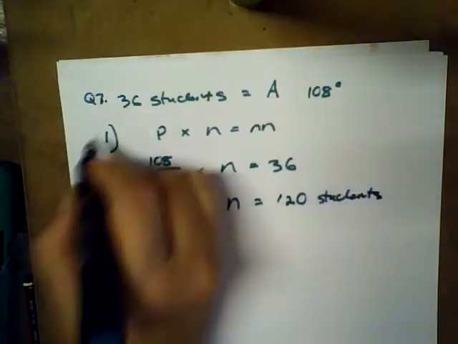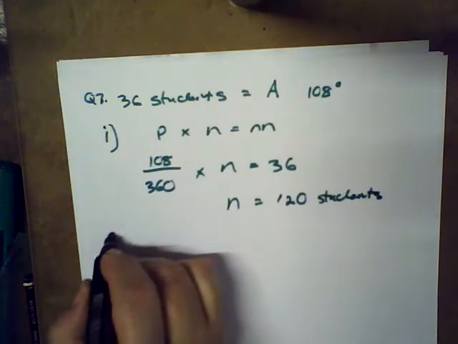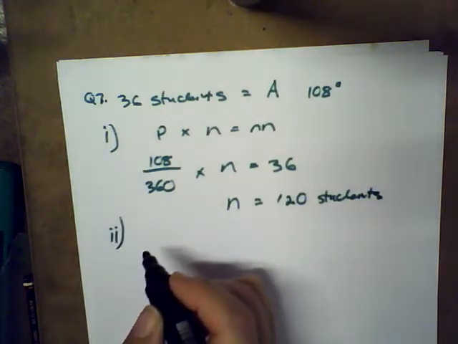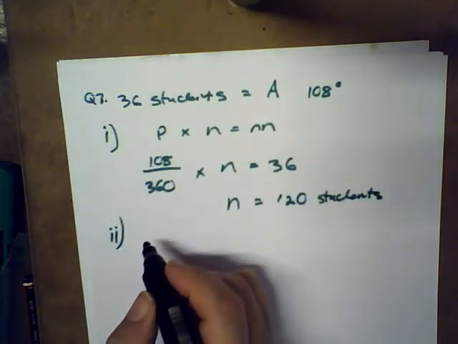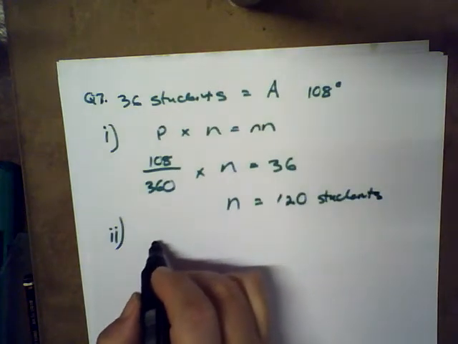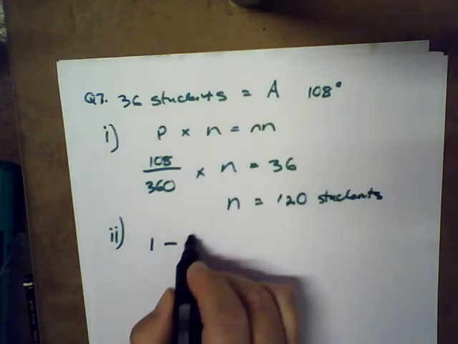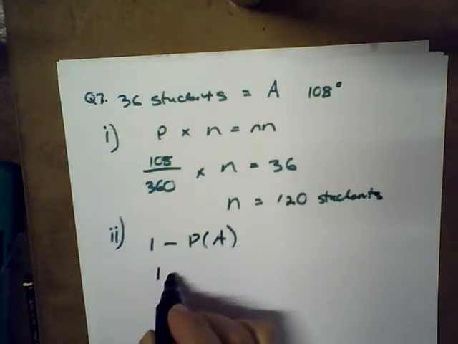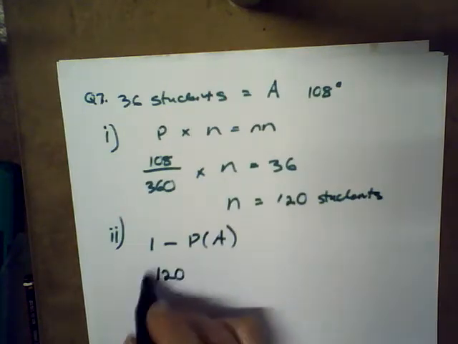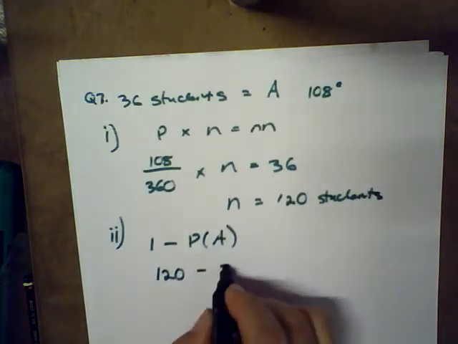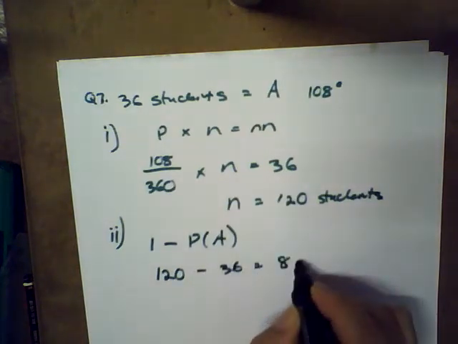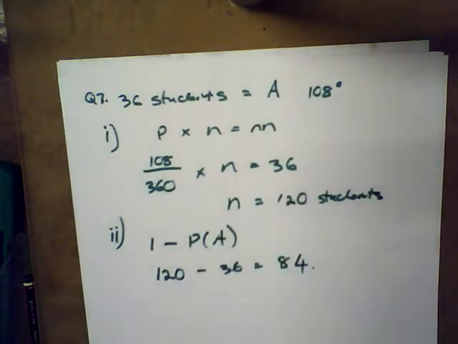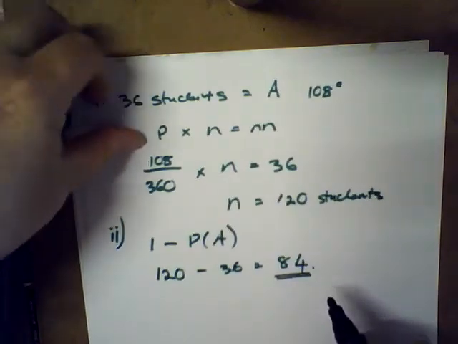So there are 120 students that sat this exam. For part 2, how many students did not get an A? It would be 1 minus the probability of getting an A. So it's 120, the full amount of students, minus the 36, that would give us 84 students that did not get an A.